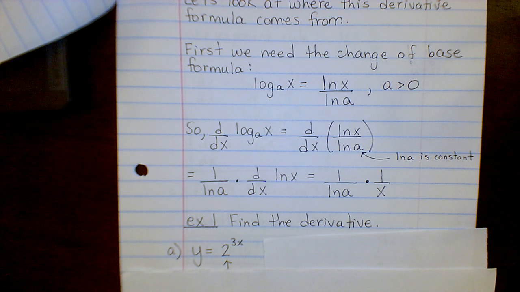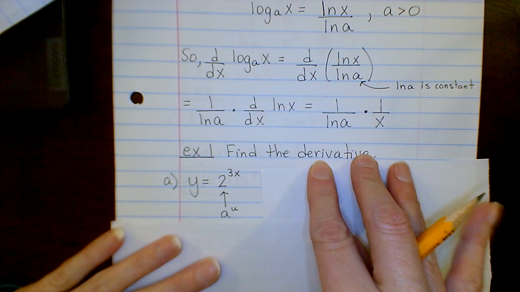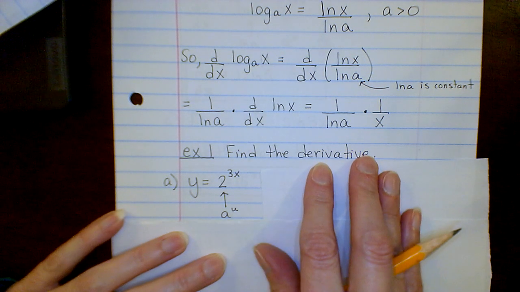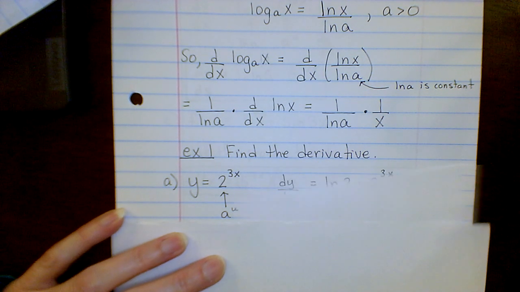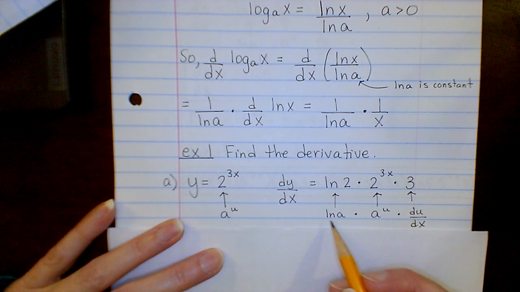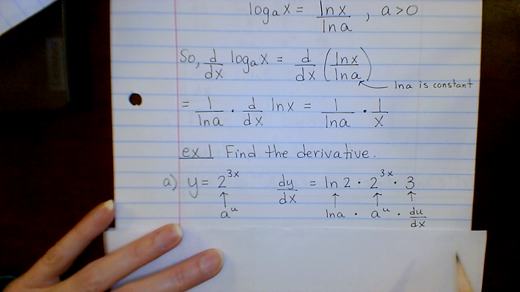All right, so let's look at some examples. Starting off with y equals 2 to the 3x, we want to find the derivative. This is a to the u. My derivative formula for a to the u is ln a times a to the u times du dx.